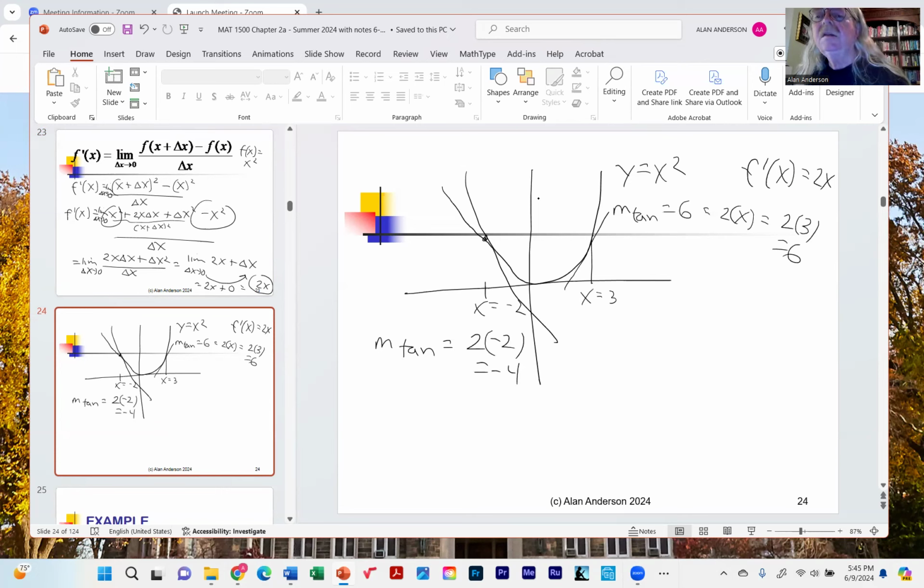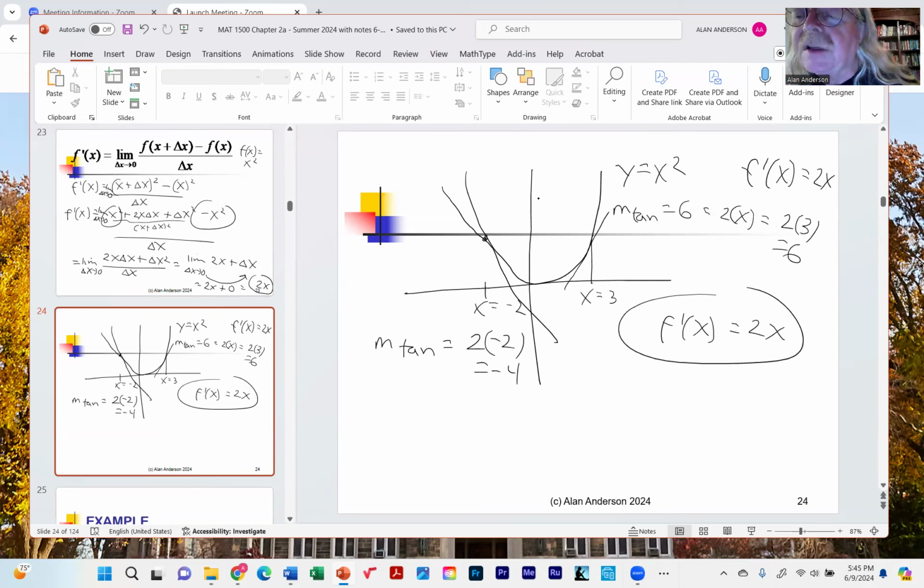The good thing about having this derivative is that no matter where I am, the derivative is simply double that point. So when x is 3, the slope or derivative is 6. When x is -2, the slope or derivative is -4. And I can now figure out the derivative at any point along the horizontal axis by simply doubling it.